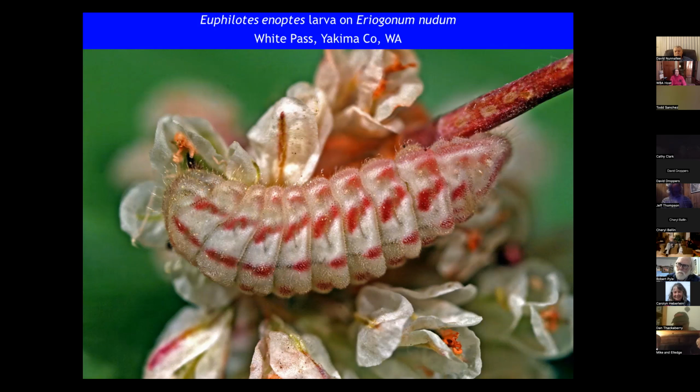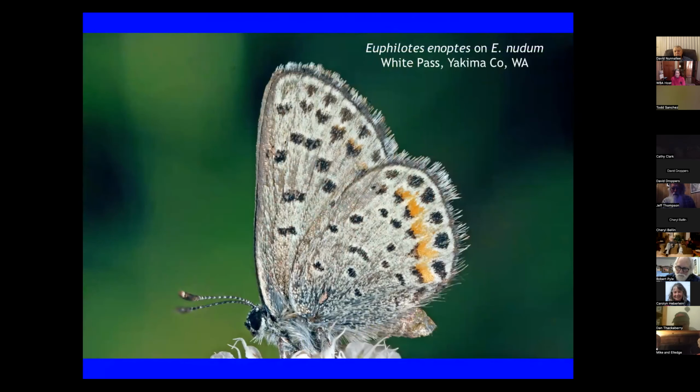But Andy Warren was of the opinion that true Enoptes, true Californian Enoptes, was strictly on Eriogonum nudum in Oregon. And it was he who invited us to look, any of us, to look for it in Washington.